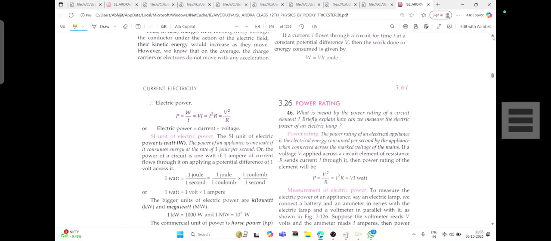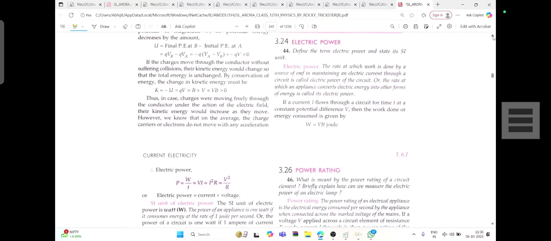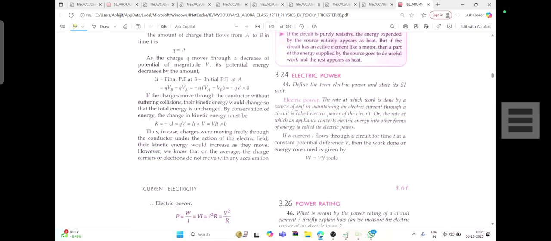Now we go to the point electric power. The rate of doing work is called power, the rate of work done.